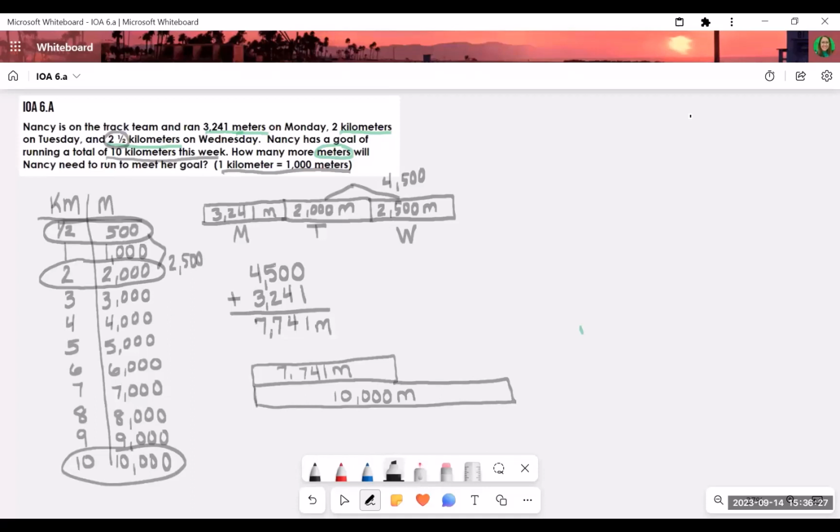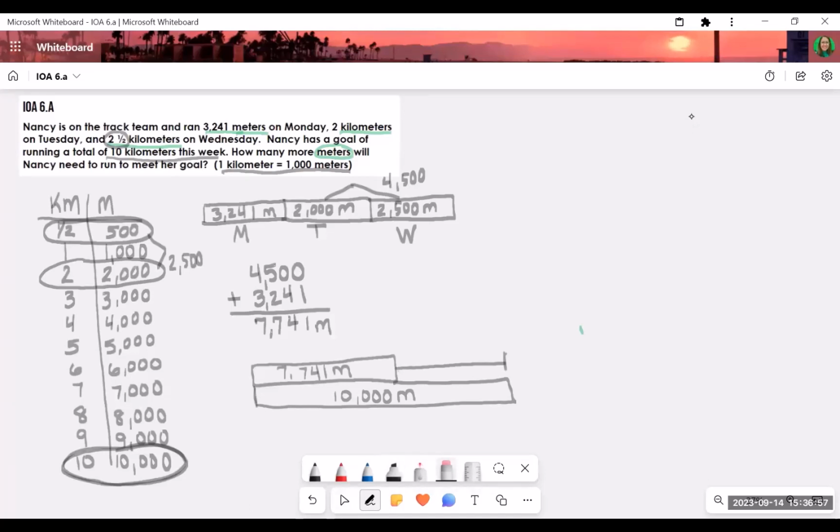Let's go back to the problem. But down here, I saw that 10 kilometers was 10,000 meters. So I remember my answer needs to be in meters. So I'm making all the equivalencies for my kilometers into meters. So her goal is right here, and this is what she's run so far. What I'm trying to figure out is the difference in those two things.